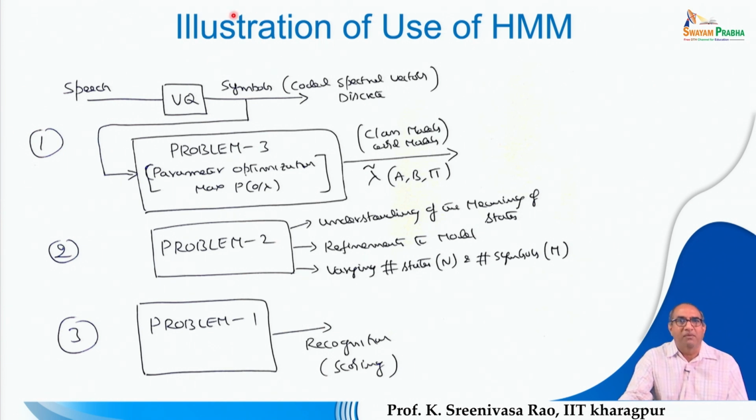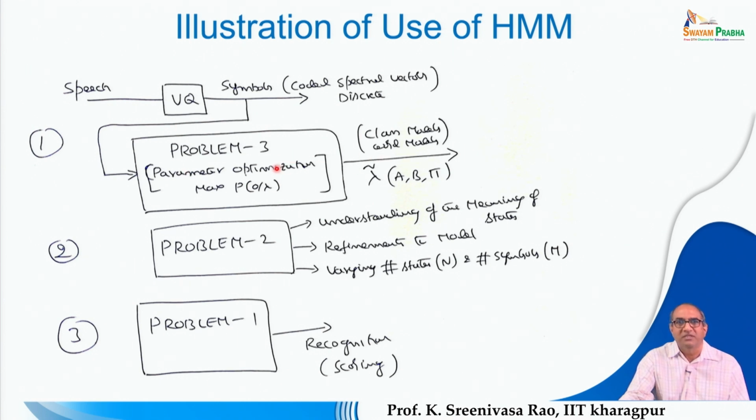So, here these are the three problems as I mentioned, from speech. For example, here I considered the example of the speech domain. From a speech signal, when you extract the feature vectors using some feature extraction technique, then by using vector quantization you can get the discrete symbols, a finite number of feature vectors. They are known as the coded spectral vectors, discrete in nature, and using those feature vectors, with problem 3 you can estimate the parameters.